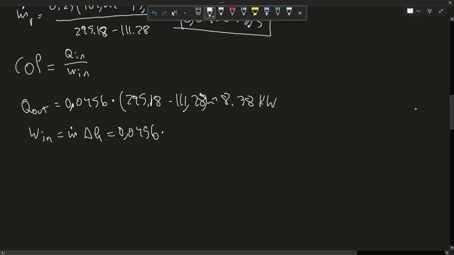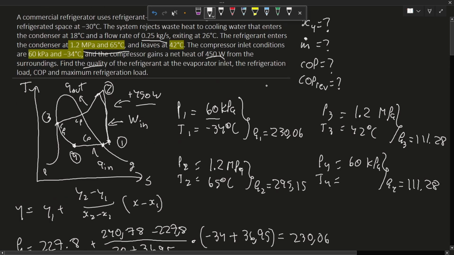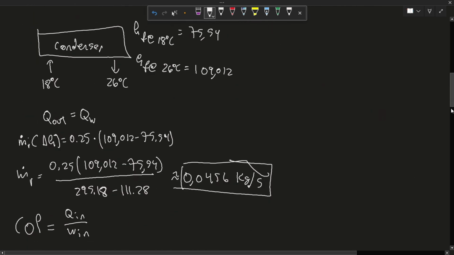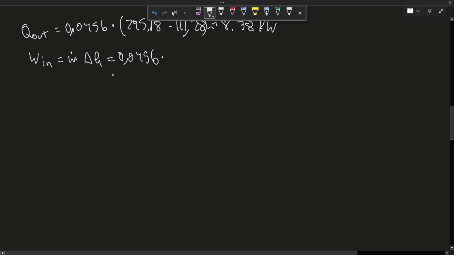Which h's are we taking? You scroll up again, and it's h1 to h2. But you have to take into account this heat that's coming in, the 450 watts.